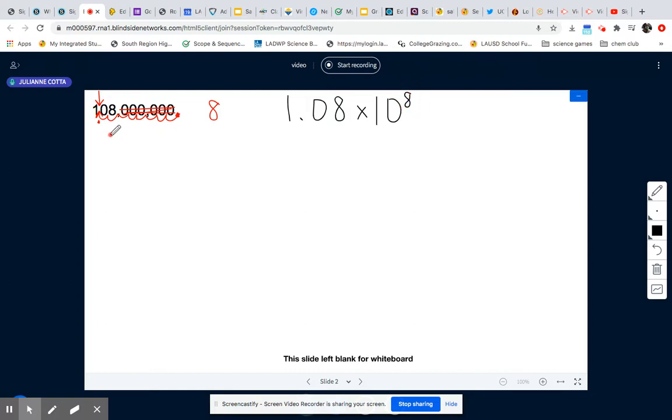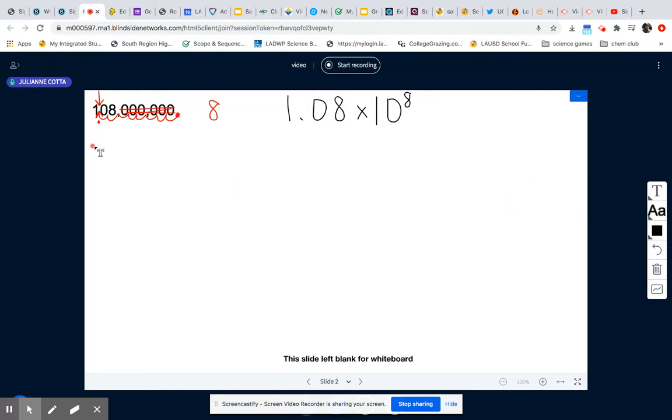So when we write this number in scientific notation, 1.08 times 10 to the 8th, and that's it. We are done. Okay? So remember, you have to look at your numbers when you're changing to scientific notation, just like significant digits. If zeros are trailing at the end and they do not have a decimal place on a whole number, then they are crossed out and they are not significant.